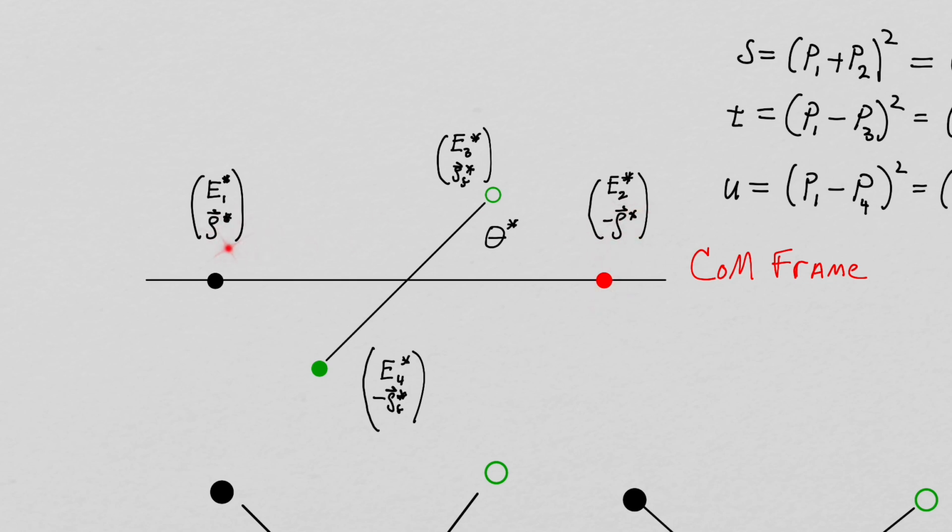So now you have one momentum for the incident particles, and you have one momentum for the final particles. We label these with a star, not uncommon in the literature for the center of mass frame. And again, that star will allow us to get rid of the little circle and the equal sign.